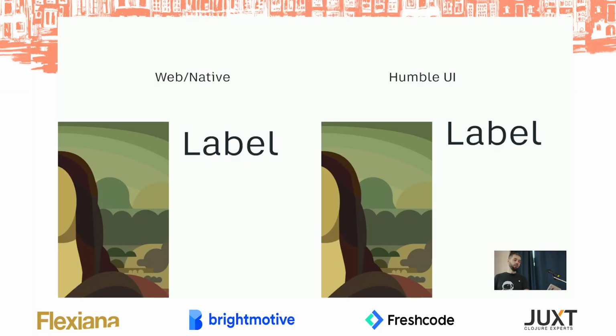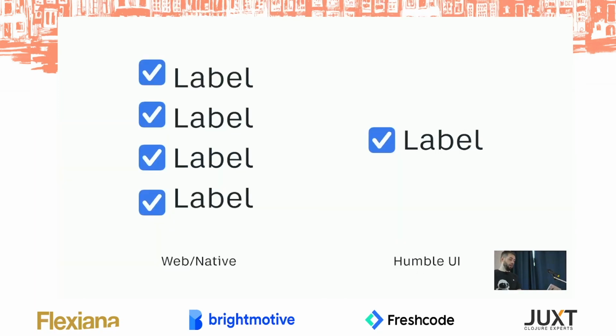If you want to label your image, like you have a layout where you have an image and next to it a label, on the web you will have this gap, which designers sometimes try to get rid of. In Humble UI you just don't get it at all, it's perfectly horizontally aligned. Also, if you're familiar with web, there are several ways to center an icon next to a label: baseline alignment, center, top, bottom, and probably more.